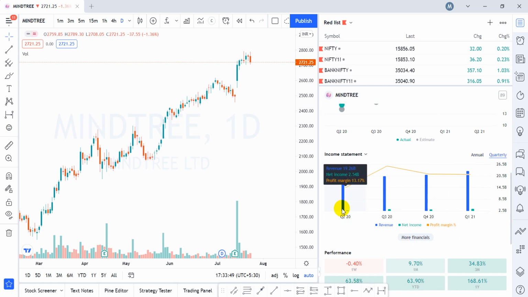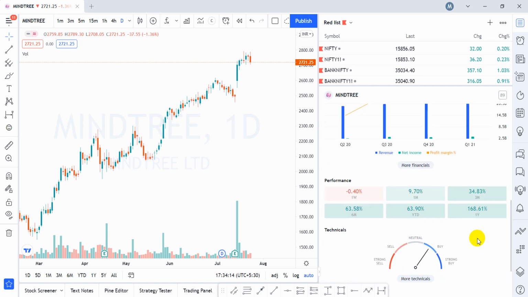The revenue is consistently, marginally growing, the blue bars, and the net income is also growing quarter on quarter. Even the profit margin is pretty stable. So given all these parameters, it looks like Mindtree is going to perform pretty well in the coming days as well.